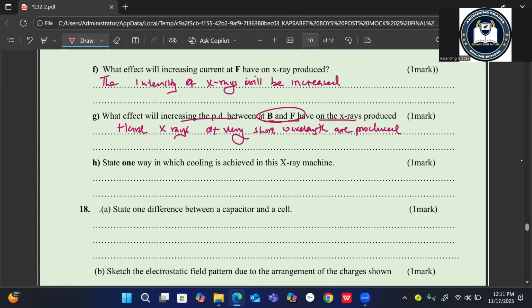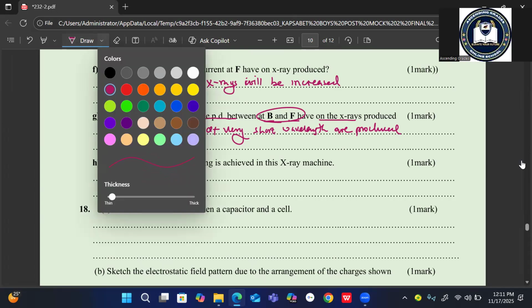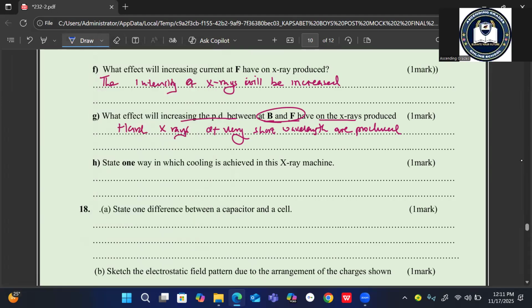So, in case you want to touch, especially, allow me to use different shades. If you want to look at the quantity of X-rays, which is now the intensity, the only part that you can alter is the current.